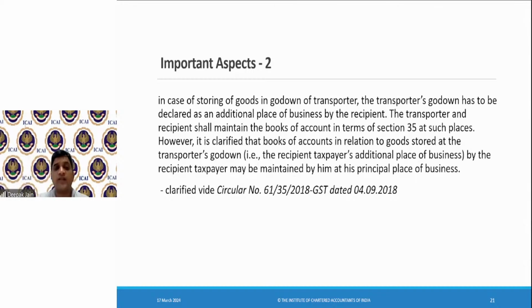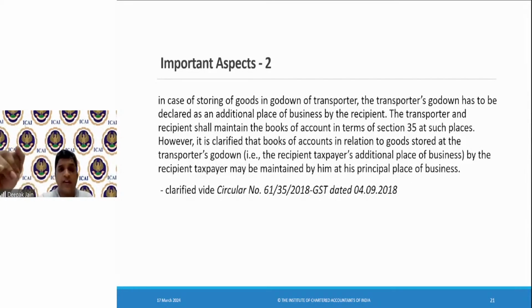The transporter and recipient shall maintain the books of accounts, because it is your goods, so you will maintain the books, and it is required by the law that the person who is holding the goods also has to maintain the account. Specifically, in case of a transporter and any godown holder, there was a requirement that even if they are not registered, they have to maintain the accounts, right?